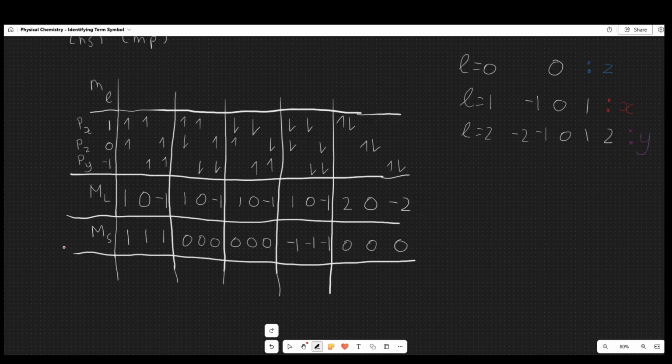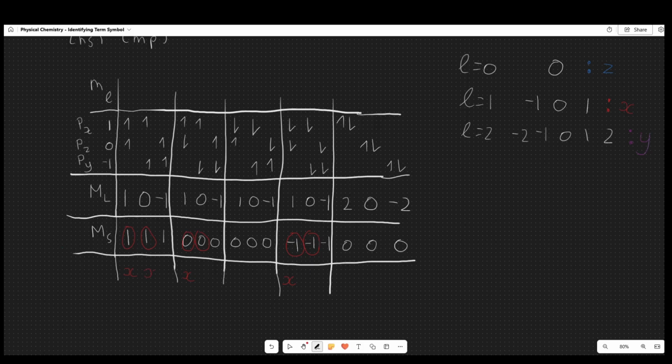So we have a grouping here of 1, 0, and -1. These are all going to be X's. And we see this repeated again here, here, and here.